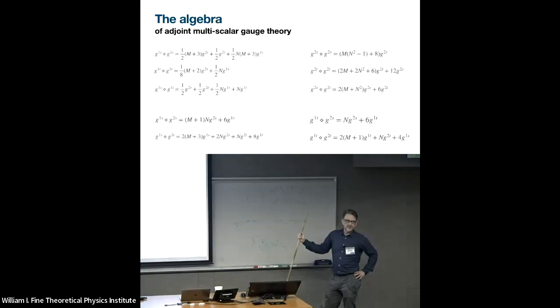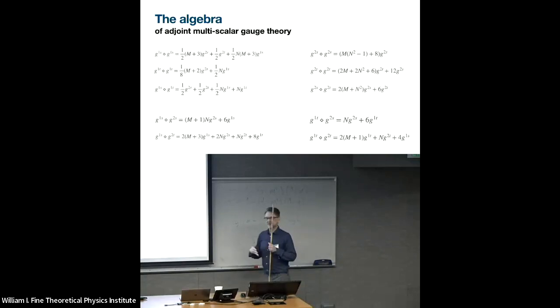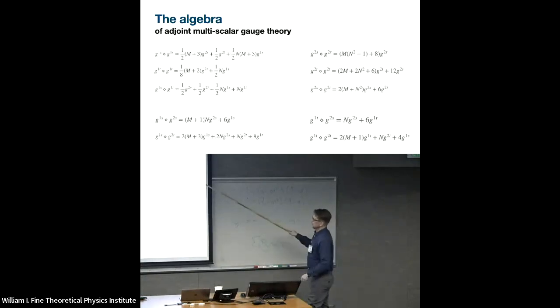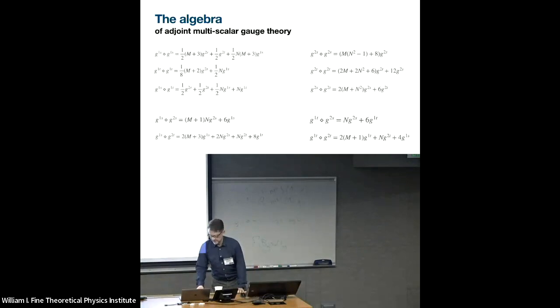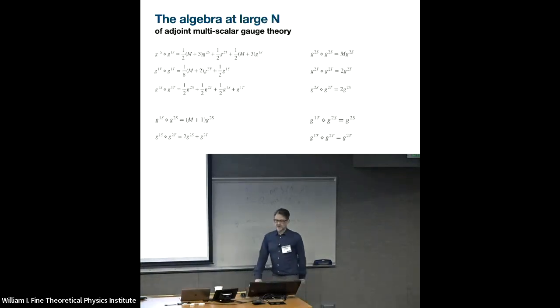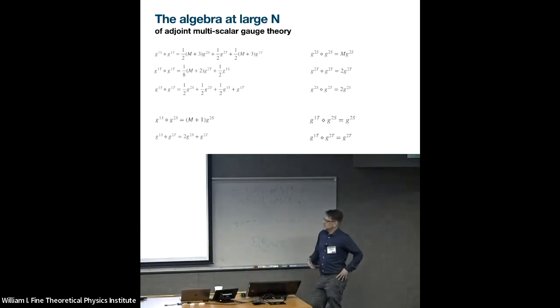You can check for yourself, and you see that it's going to be non-associative in general. Curious, but that's it. I grouped the products in a certain manner here, but this is too complicated to digest. It's a bit simpler if you take the large N limit and define large N algebra basis elements.